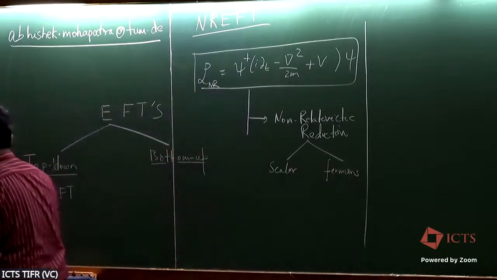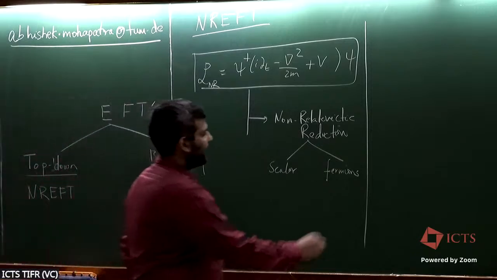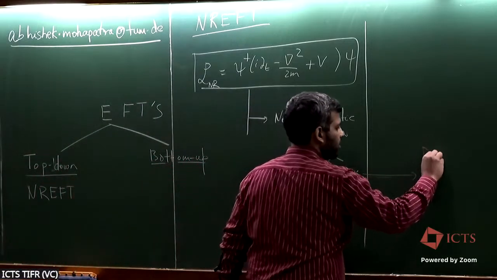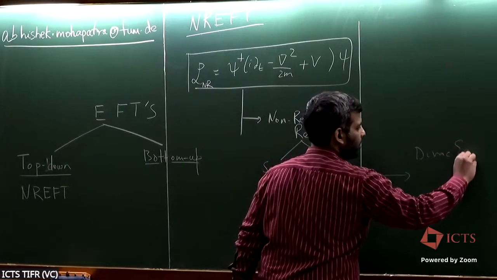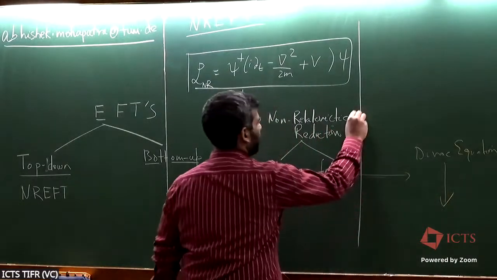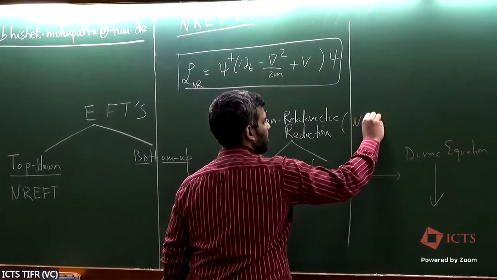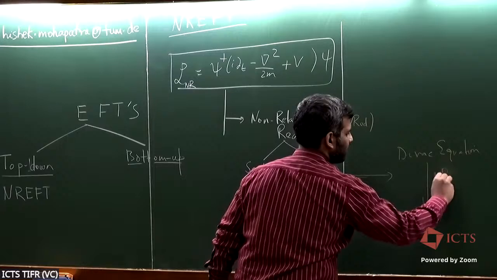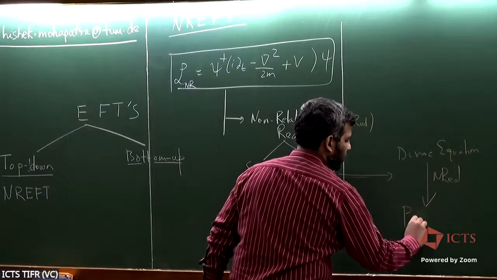What I mean by the fermion case is that starting from the Dirac Lagrangian or Dirac equation, doing this non-relativistic reduction, NR, we get the Pauli equation.